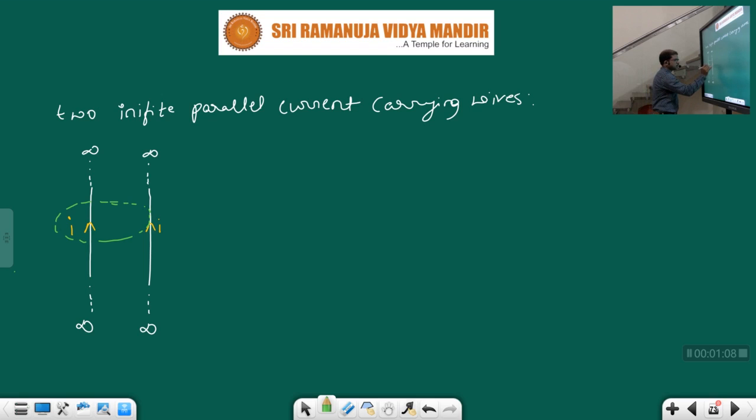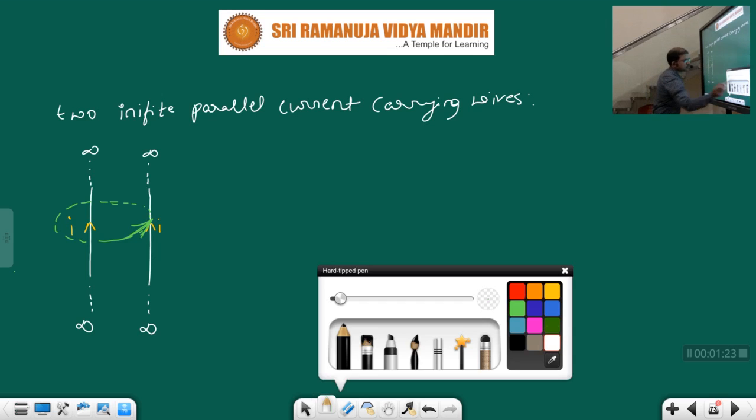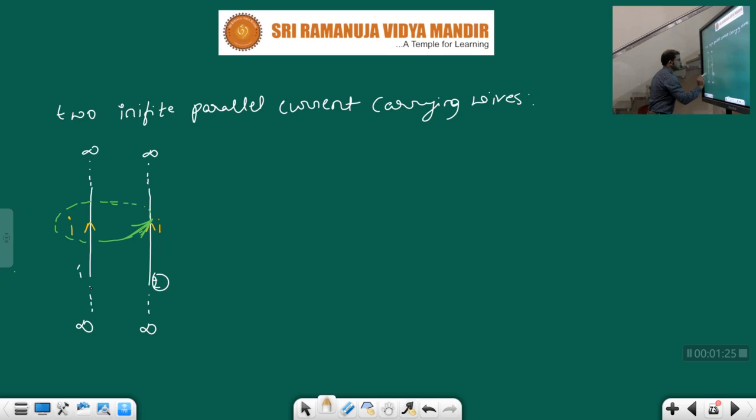Observe, children, near the second conductor, this magnetic field is entering, and current is moving. This is current direction, and magnetic field is entering inwards. Clear?